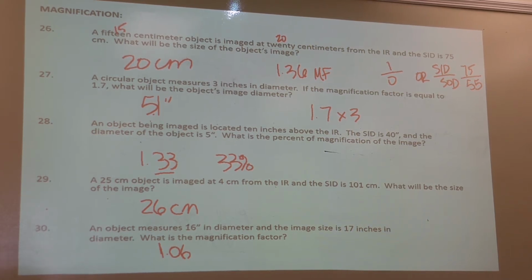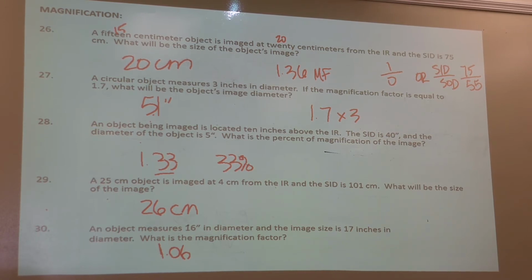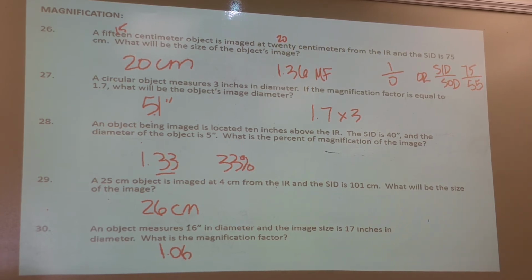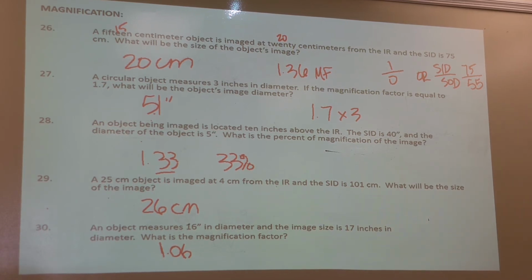Yes, sir. Are the review questions all math problems? Is the test all just math problems? No, that's an excellent question. Is it all just math? No. There'll be relationship questions. For instance, as OID increases, magnification does what? So you'll have those relationship questions.